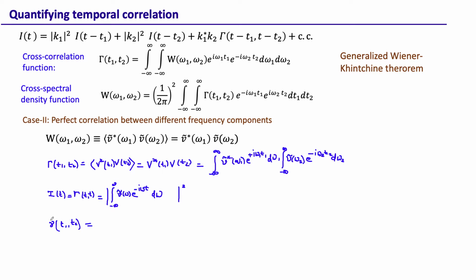We look at the mod of this as the degree, defined as gamma(T1, T2) divided by the two intensities, I(T1) and I(T2).